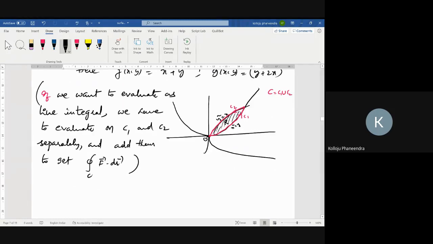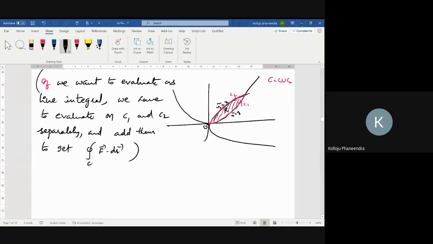But if I want to apply Green's theorem, what is this?